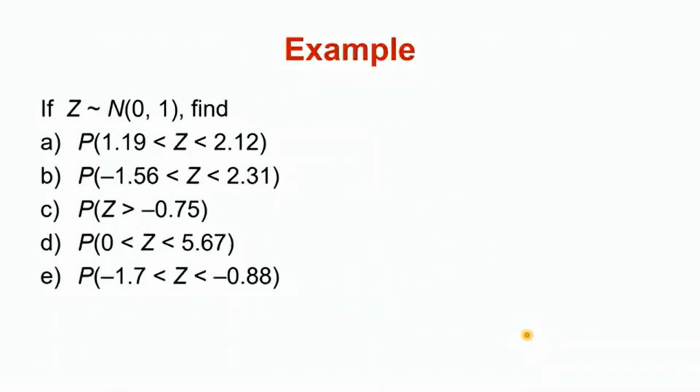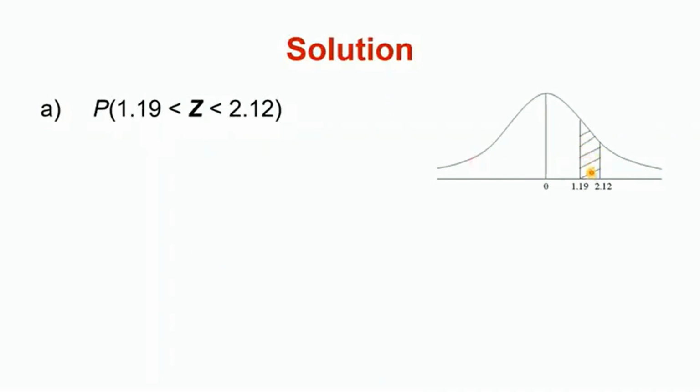Now we have some examples to find the probability for different intervals of Z. First of all, Z more than 1.19 and less than 2.12, where Z is a standard value. For this one, Z more than 1.19 and less than 2.12 is this area.